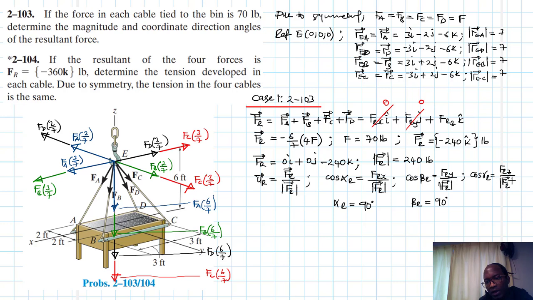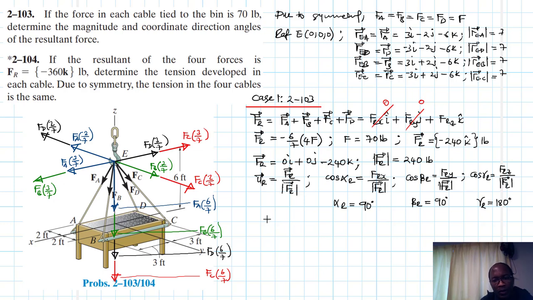But we know that the magnitude here, we have minus 240 divided by 240. So cos inverse of negative 1 is 180. So gamma resultant there gives us 180 degrees. So these are the coordinate direction angles.